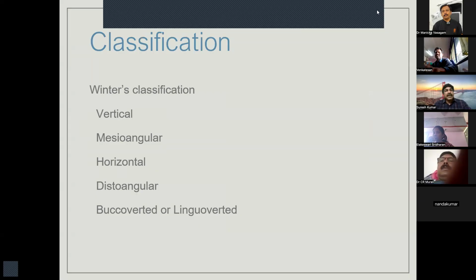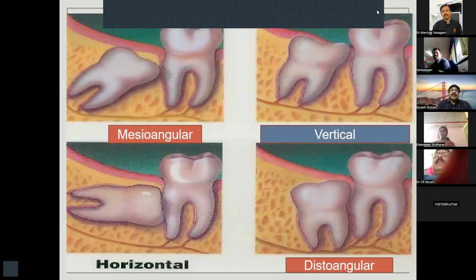The very popular classification everybody studies in the undergraduation itself is called Winter's classification, where you have wisdom teeth or the lower third molars, which are classified as vertical, mesioangular, horizontal, distoangular. All of these can be either buccoverted or lingoverted also. So basically we have these four categories of impacted wisdom tooth: mesioangular, vertical, horizontal, or distoangular.